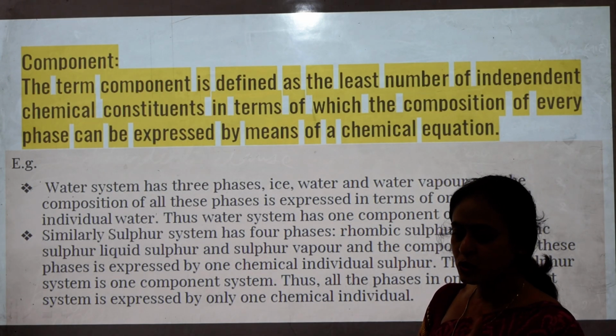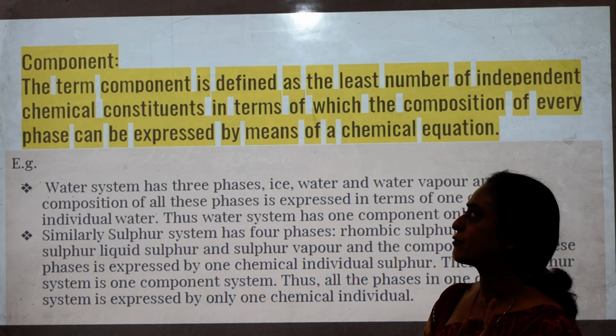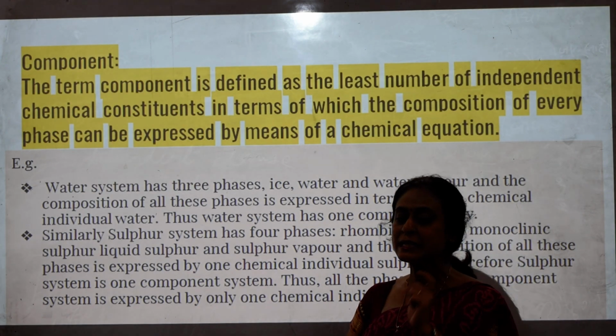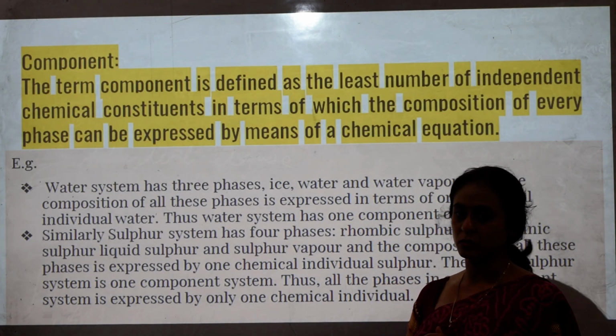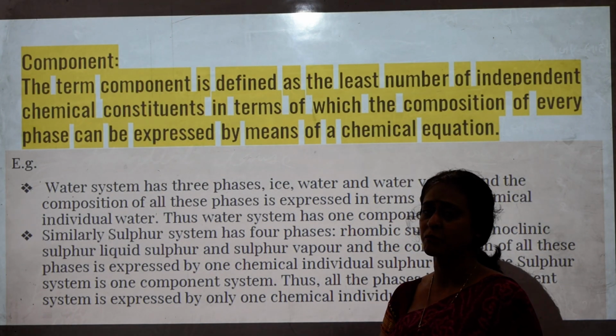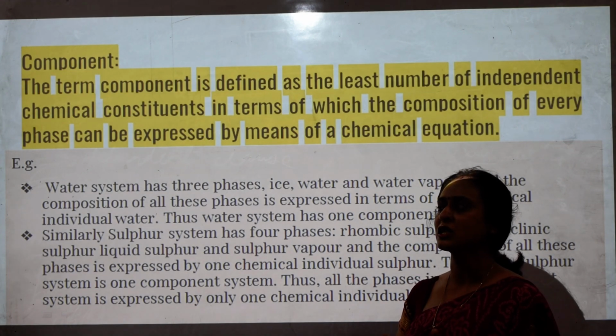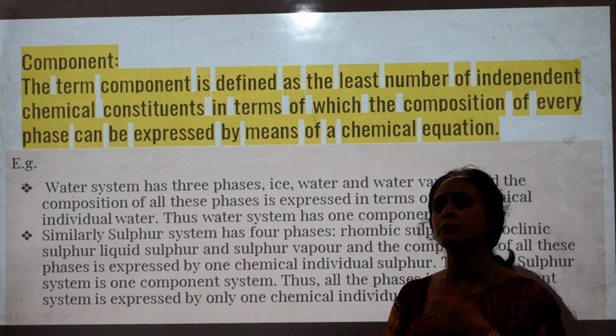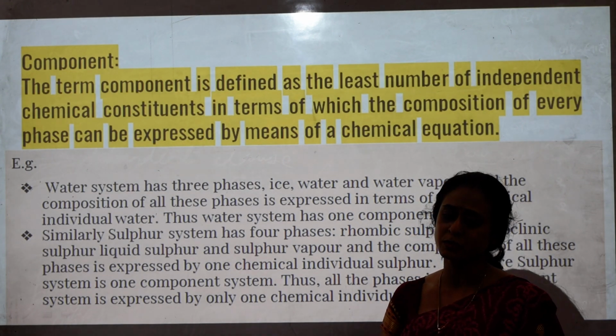So we are actually यहाँ least word I have used in the definition, the least number of independent chemical constituent. So least number, कम से कम हम कितना किसी system में बताएं कि हमें पता चल जाए कि उस chemical identities हमको बतानी पड़ेगी just to explain that particular system.